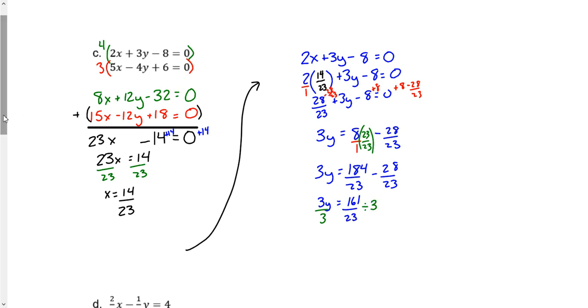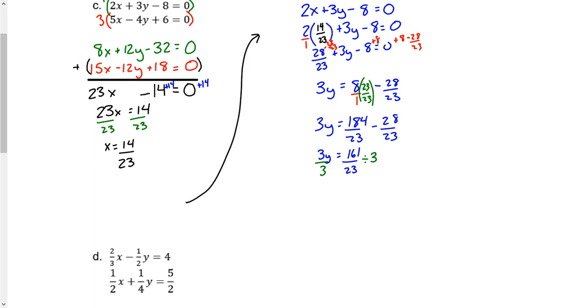Well, how do you divide by 3? How do you deal with a fraction and divide by something? See, my 3's cancel off on my left-hand side, leaving me with just the y. And I can have my 161 over 23, dividing by 3, which means multiplying by 1/3.